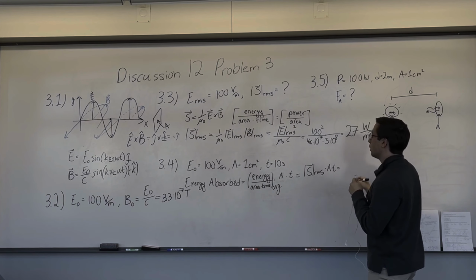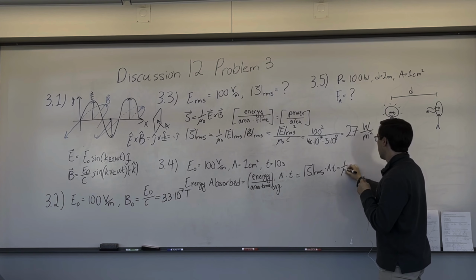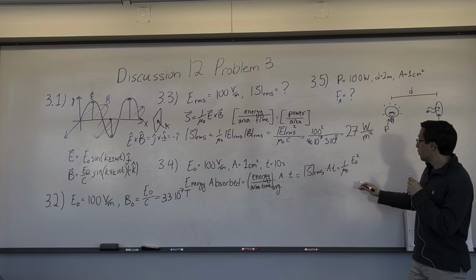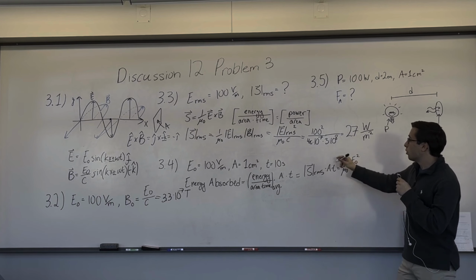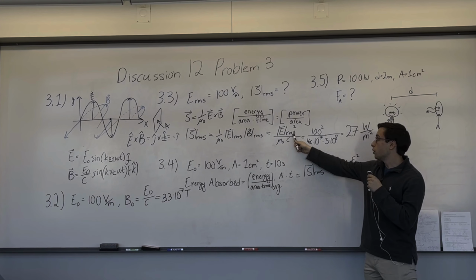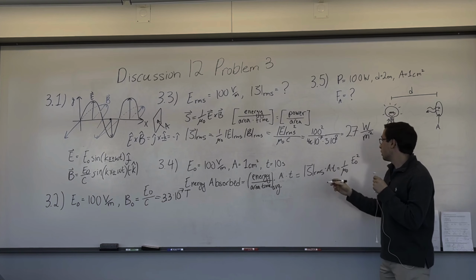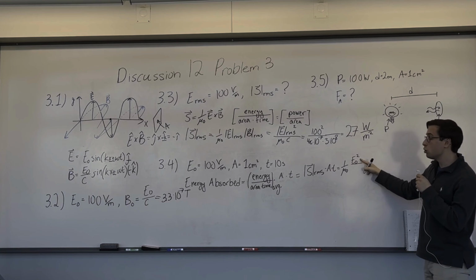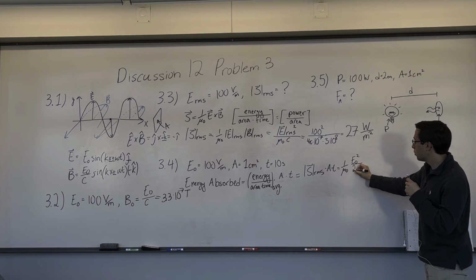So specifically, we're going to write this out as, if we're looking at this expression here, our root mean square squared is the same thing as our amplitude squared divided by 2.